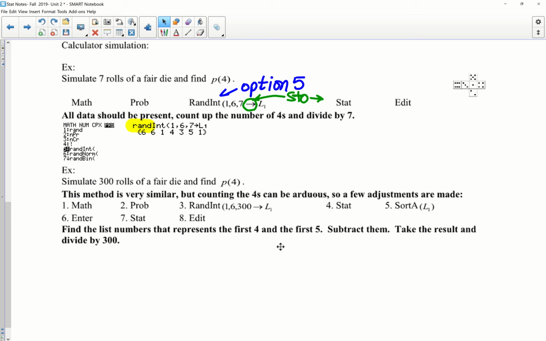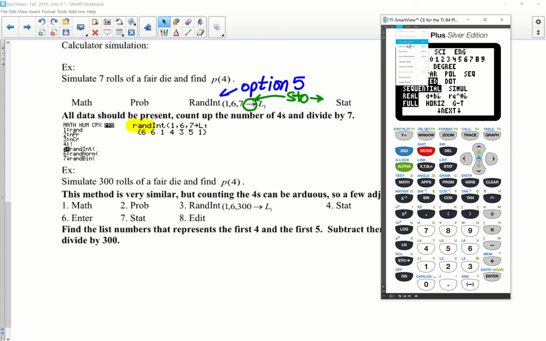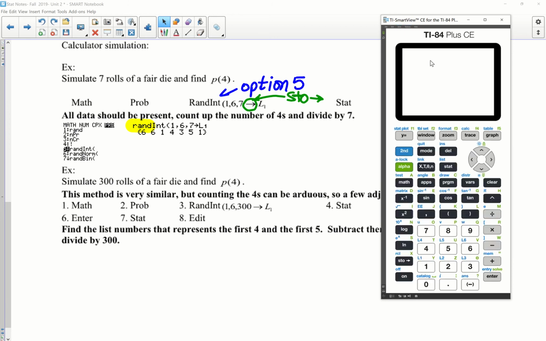All right, so let me see if I could change the display on my calculator for those of us who have a different model. It's so tiny that I can't see. So if you have a different model calculator, it might have come up like this, in which case you're going to type in 1, 6, and 7, and then you're going to go to paste.